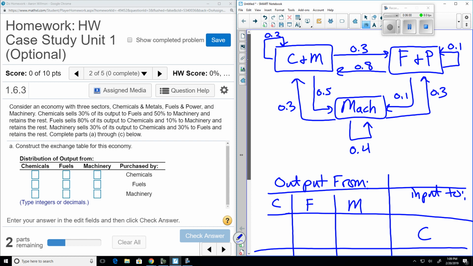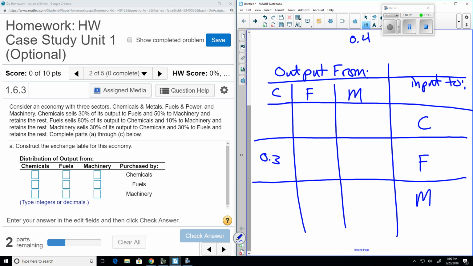Chemicals to machinery, 0.5. And then chemicals to itself is what it retains. It retains the rest. So that's going to be the 0.2 that it retains to itself. If you add up the column, it should equal 1 for 100%. Okay?